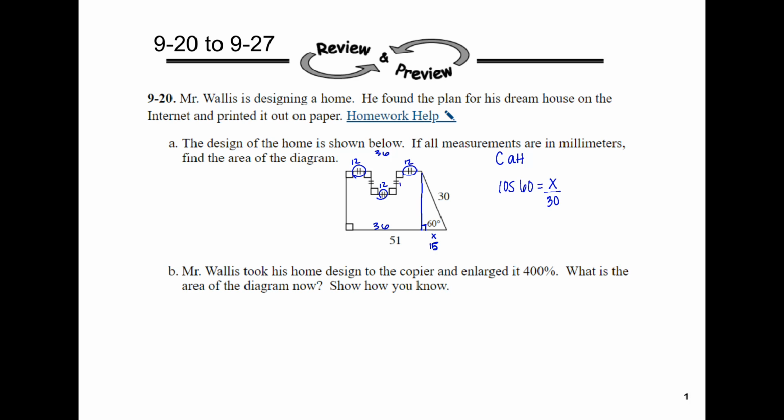I then know that this piece is also 12, so I can use my trig functions again to find my opposite side. So sine uses opposite, so the sine of 60 degrees is equal to my opposite side over 30. My inverse operation is multiplication, so 30 times the sine of 60 is equal to about 26.